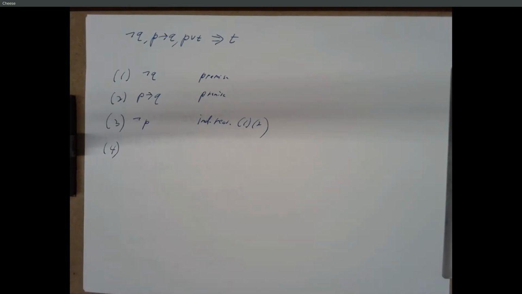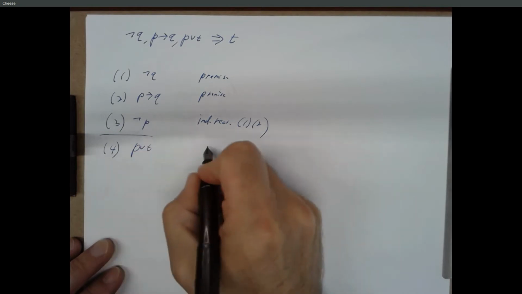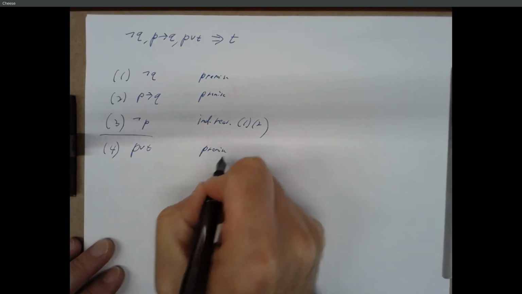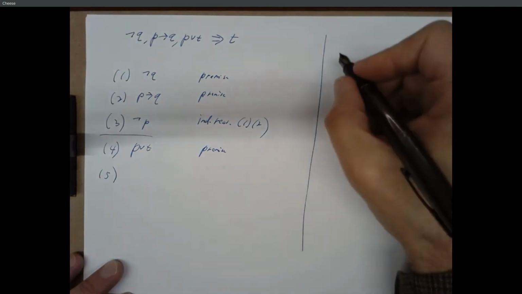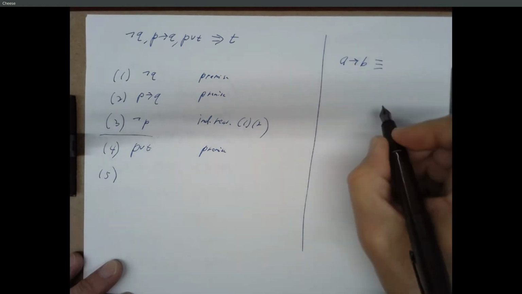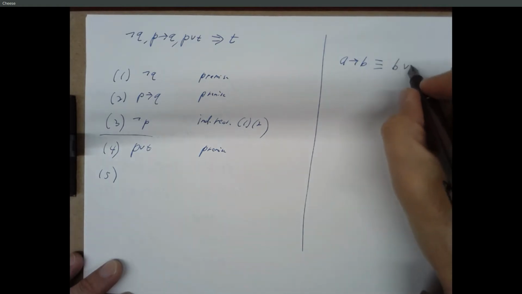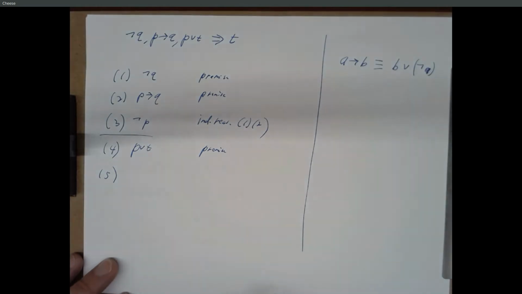Use conditional equivalence on P or T. Okay. Oh, I like that. Okay, P or T is a premise. Conditional equivalence. So if we have A implies B, that's logically equivalent to B or not A. Right? We can flip that around.